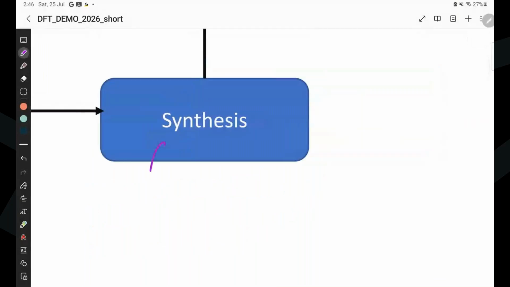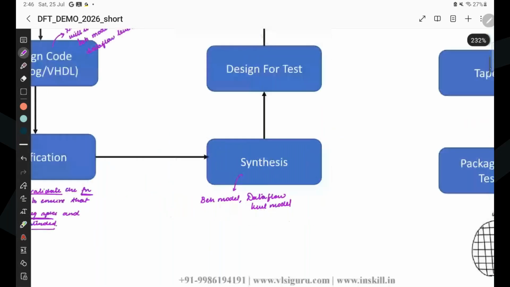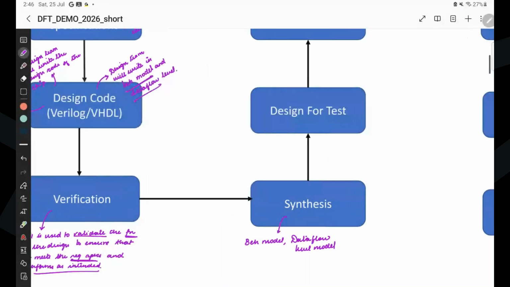So in the synthesis stage, what will happen? Earlier, the code was written in behavioral model and data flow level model.